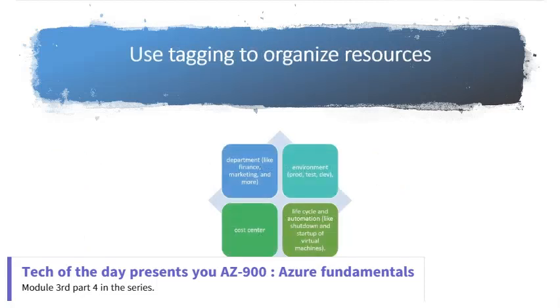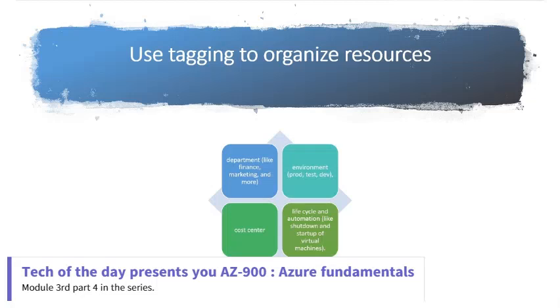Then in Resource Manager, you have tagging. You can create tags for your resources to differentiate, like department, such as finance, marketing, or something else, environment, production, dev, test, cost center, life cycle, and automation.